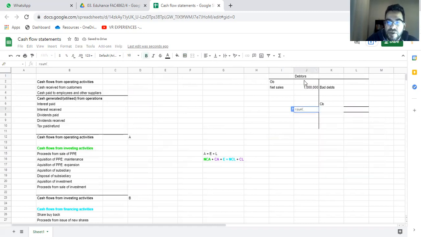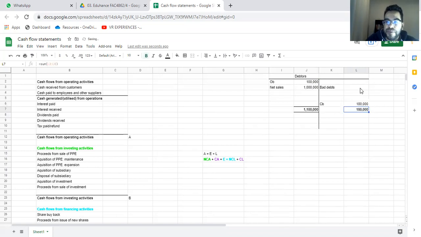Remember, every T account needs to balance. So what you must know, let's say there's an opening balance of 100,000 over here. There's a closing balance of 180,000.